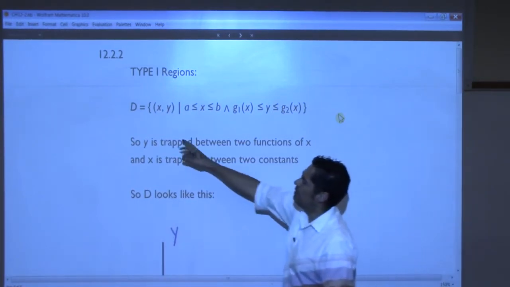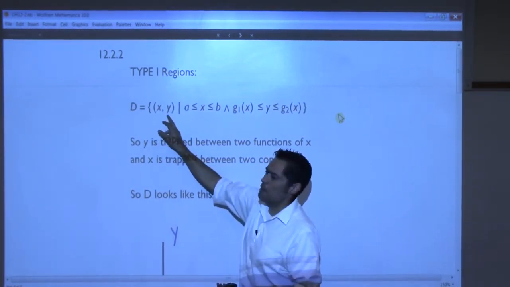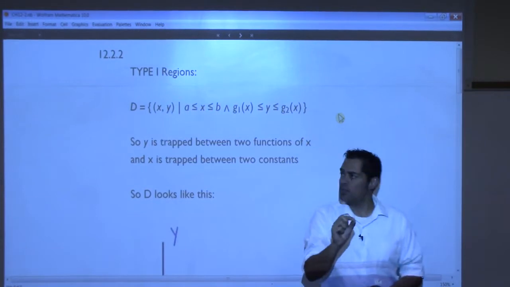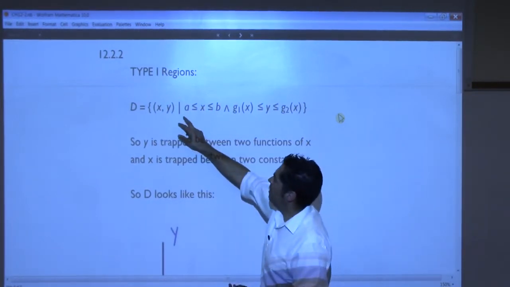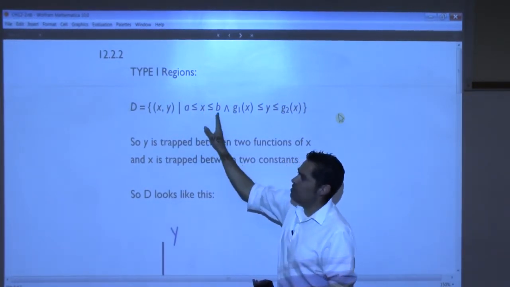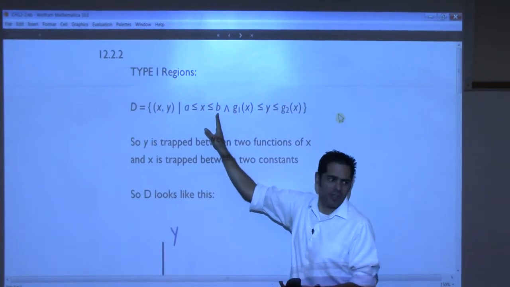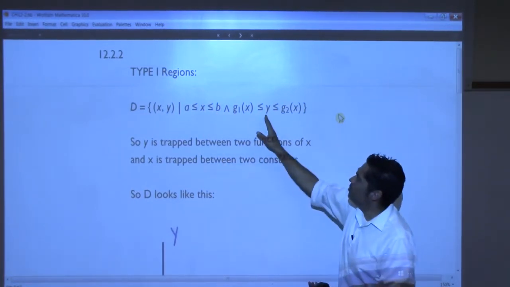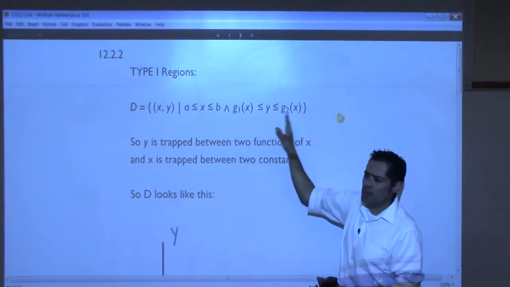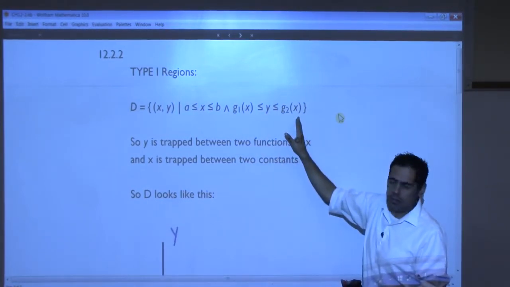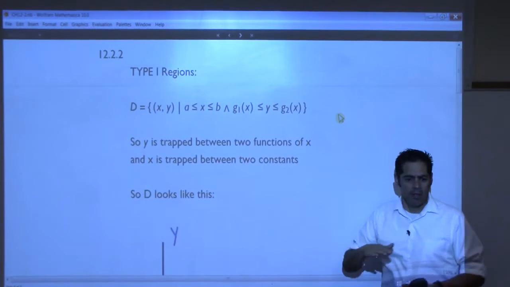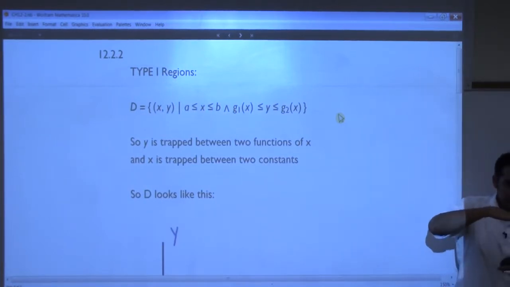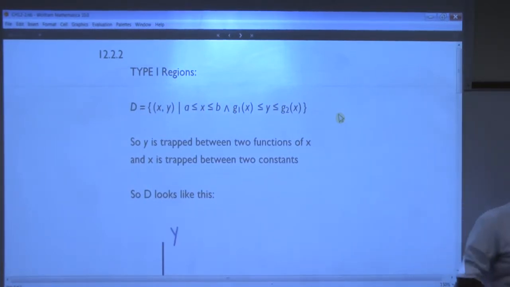Our region D is the set of all ordered pairs, that's the points in 2-dimensional space, such that your x is between two constants, so that's just like the rectangle, right? But this time your y value is stuck between two functions of x, right? So it used to be with the rectangle that your y was stuck between two constants. Now your y can move around.